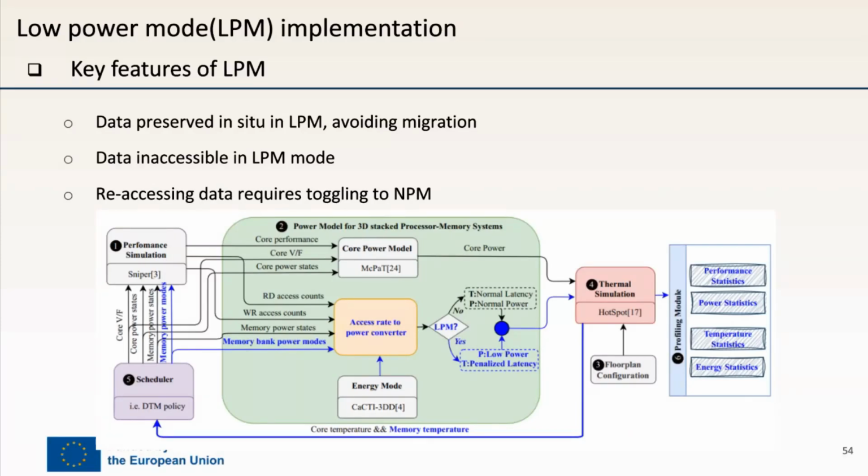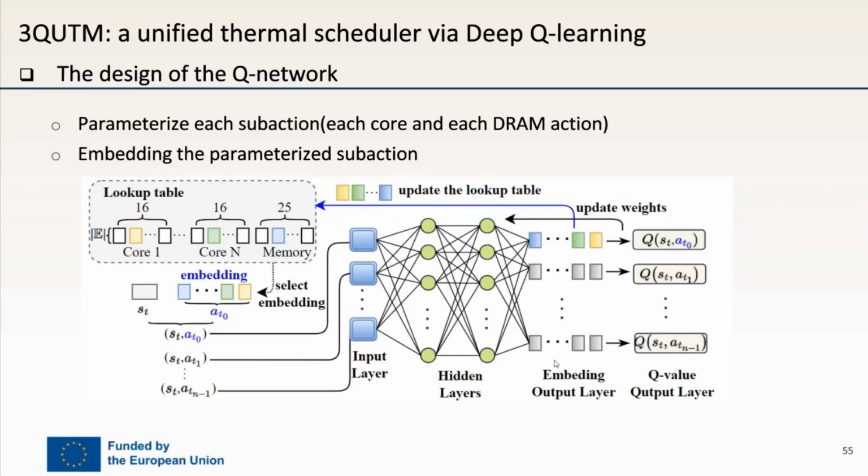Then how do we propose a unified scheduler? On the one hand, we should do DVFS for the cores, and on the other hand, we apply the low power mode to the memory banks. Then we devise a deep learning method to do that.